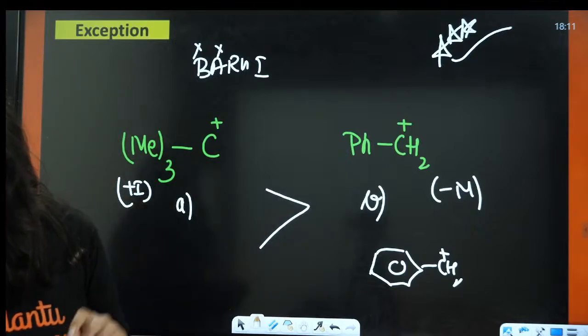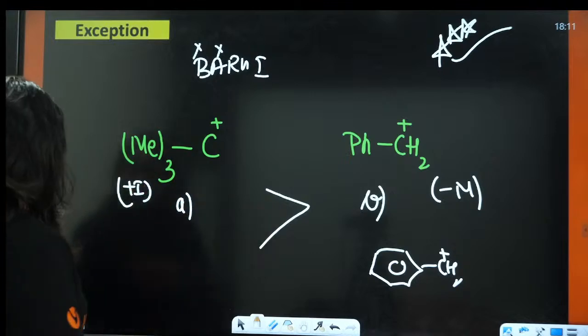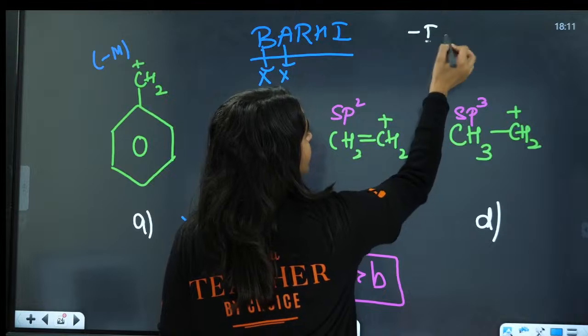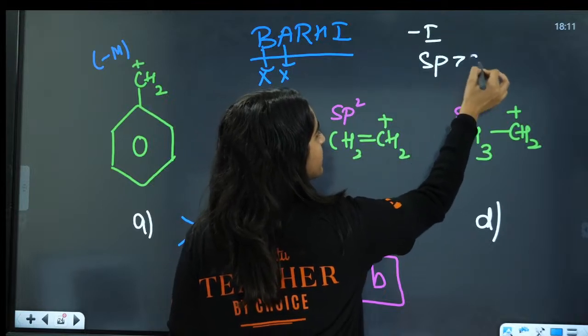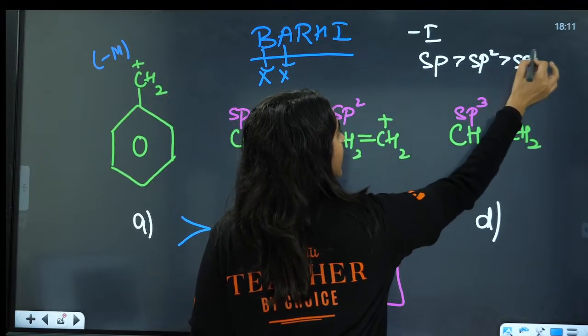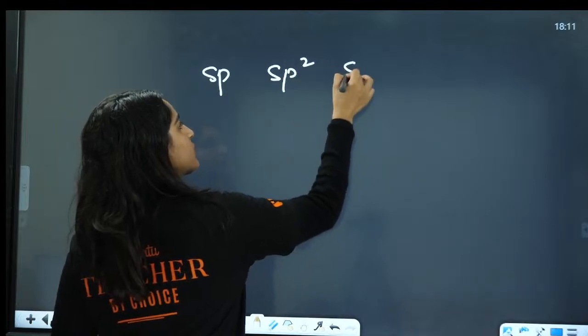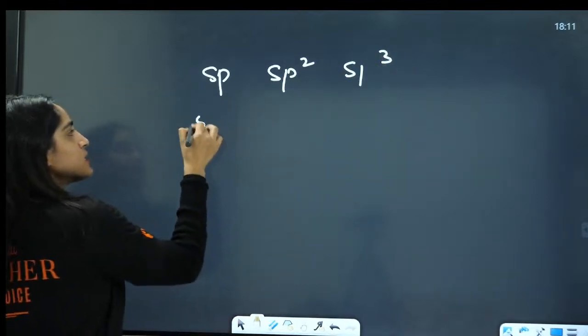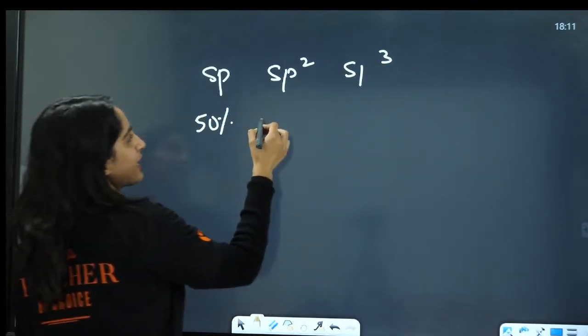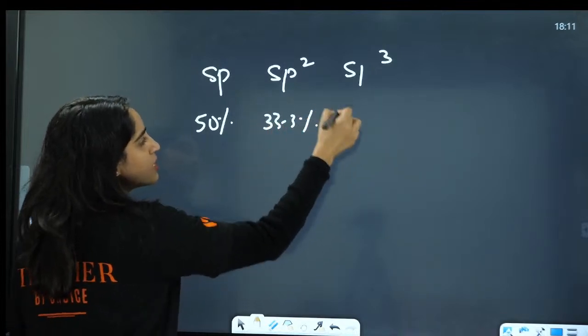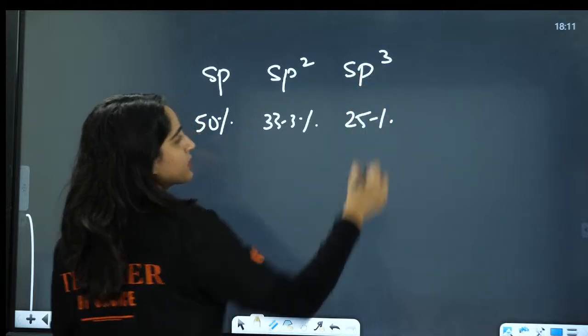The minus I order is SP, then SP2, then SP3. If you're asking the reason, let me tell you. This is SP, this is SP2, this is SP3. SP has 50% S character, SP2 has 33.3% S character, SP3 has 25% S character.